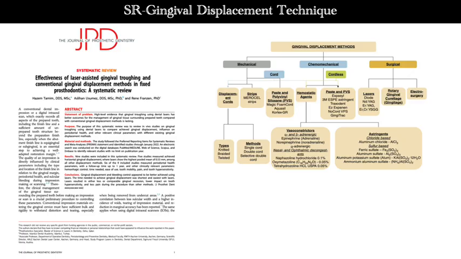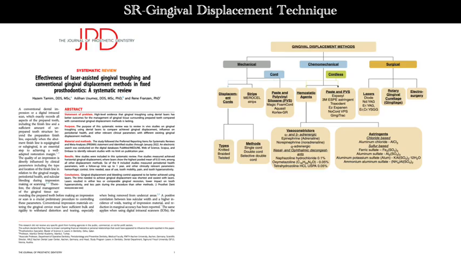The intervention was all the gingival displacement methods compared with laser troughing, and the outcomes included were the patient comfort, the operator comfort for placement or adapting the gingival displacement system, then how much was the gingival recession rate following the gingival displacement. So all the three important parameters have been included.